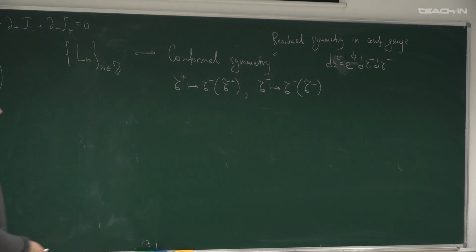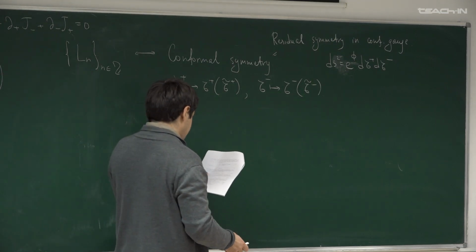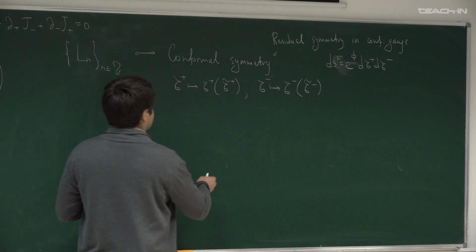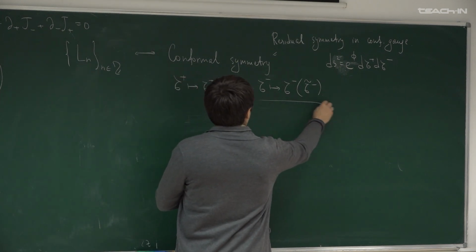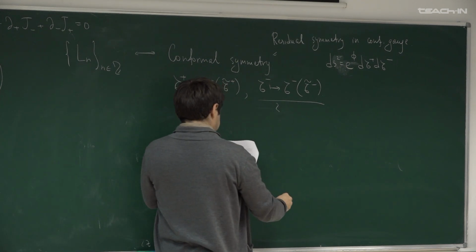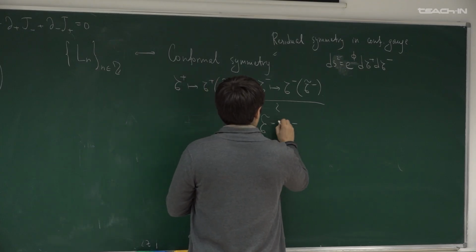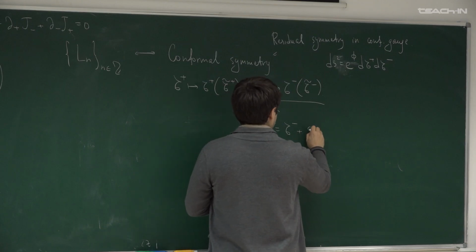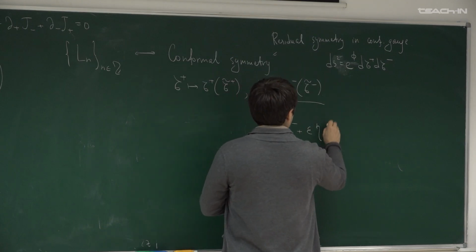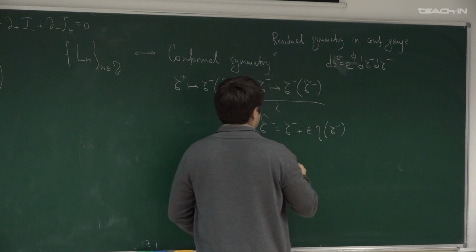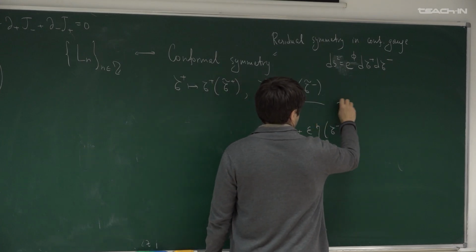Okay, so there are these transformations, and let us see how the Ln's follow from this symmetry, right? So suppose, well, let's stick to this symmetry, and we will write it as sigma tilde minus equals sigma minus plus epsilon eta of sigma minus. So infinitesimal transformation.